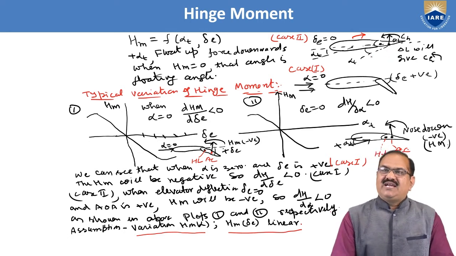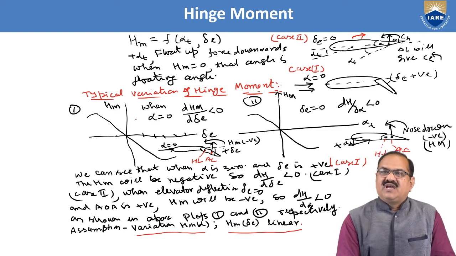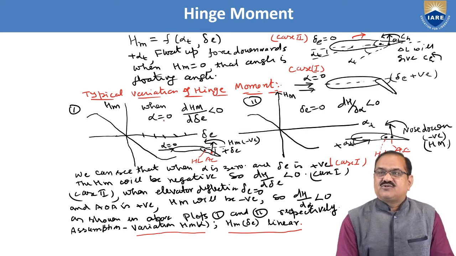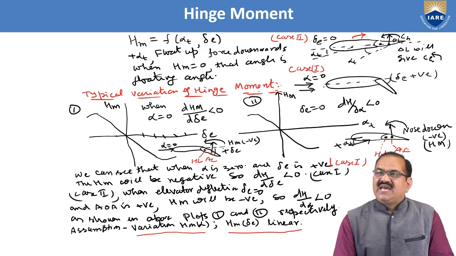So here we have the typical variation of hinge moment. You can see here hinge moment HM versus delta E when alpha is equal to 0. This is case 1 I have mentioned here.